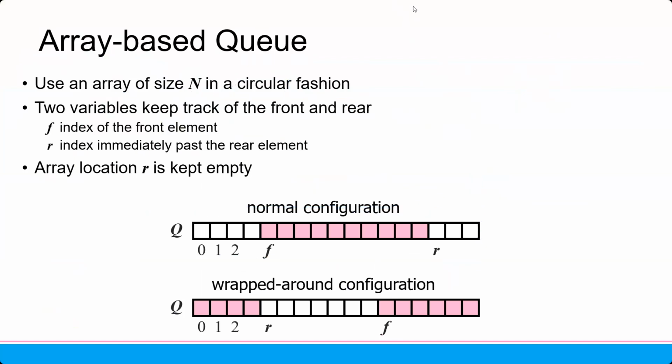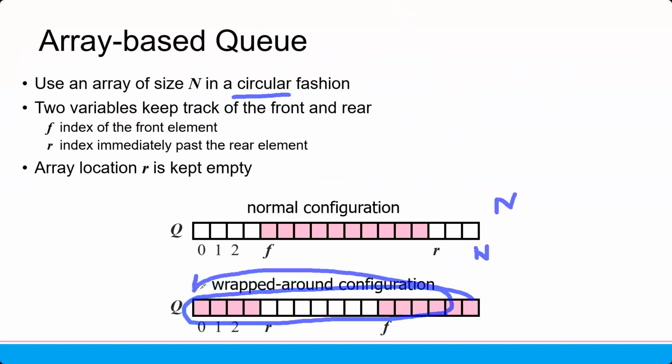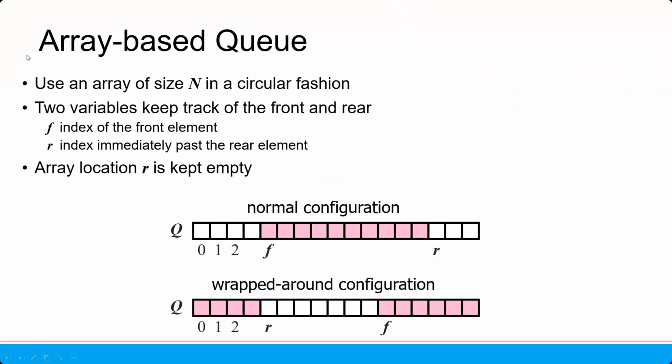We call this a circular fashion because we want to keep the size n, and then we will do the wraparound configuration. If the index is already at the position of n, we will put the additional content starting from index 0.